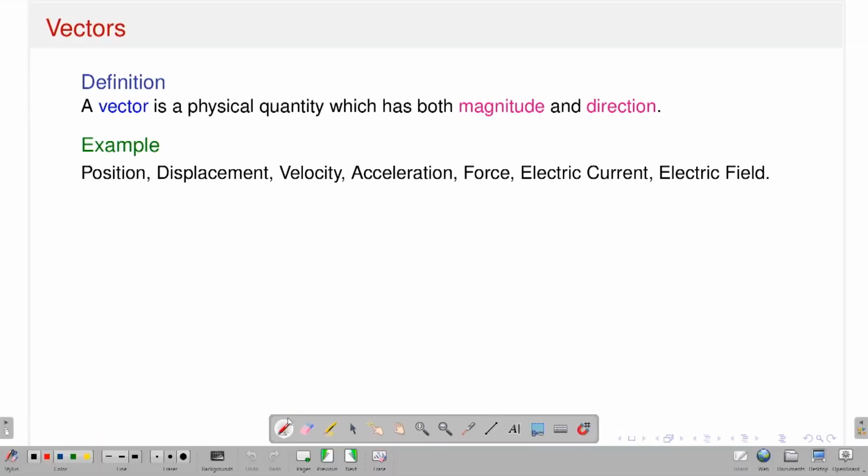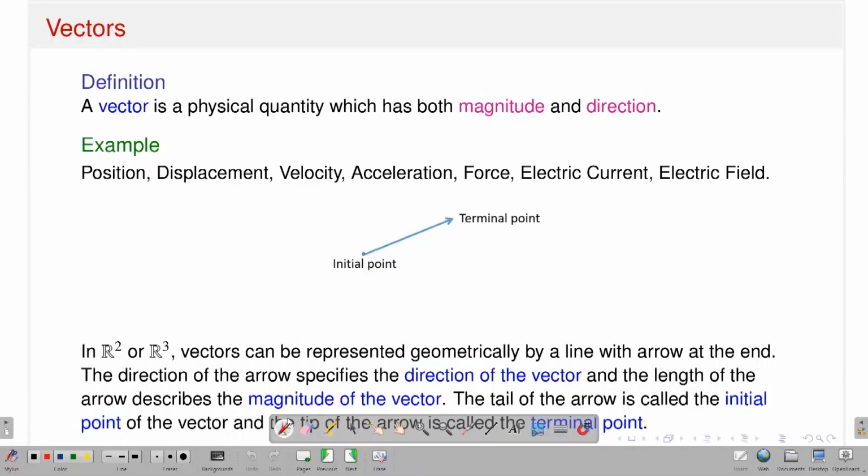For example, in the projectile of a particle, position of the particle or displacement or velocity or acceleration are vector quantities. Similarly, force, electric current, electric field are also vector quantities.